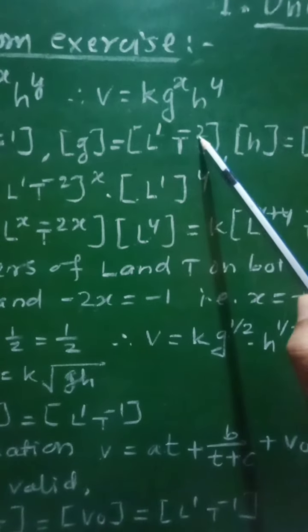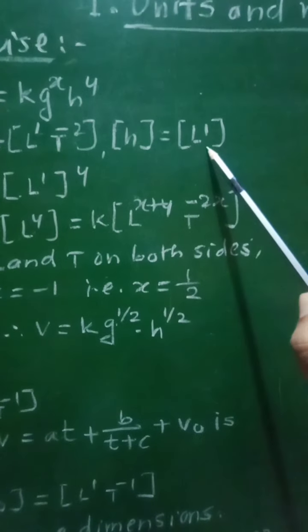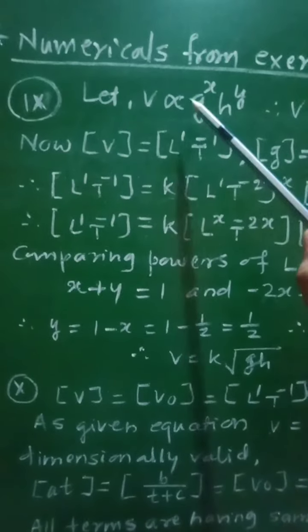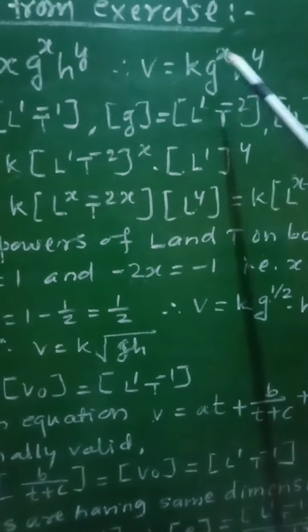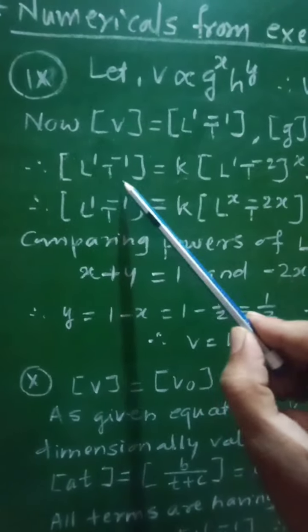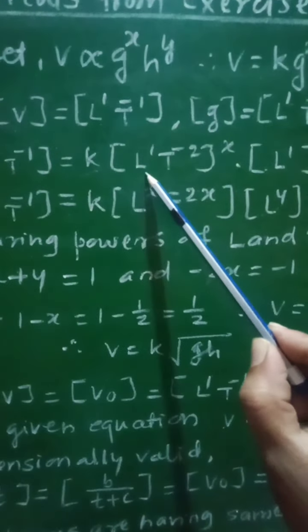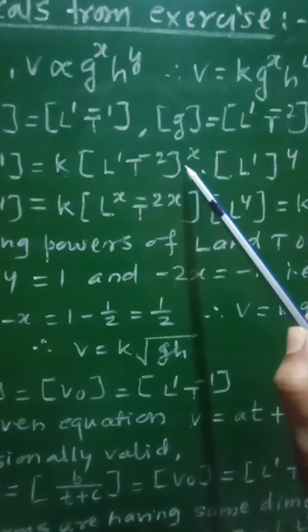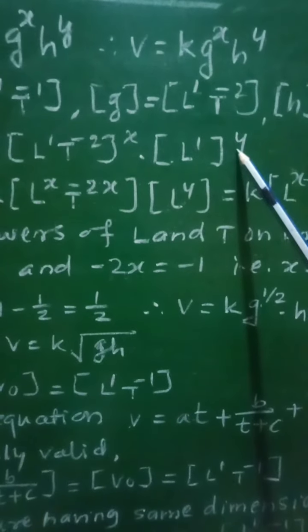Dimensions of distance h is equal to L raised to 1, and therefore putting these values of dimensions in the above equation of phi equal to k g raised to x h raised to y, we will get L raised to 1, T raised to minus 1 equal to k into L raised to 1, T raised to minus 2, all raised to x, into L raised to 1, raised to y.